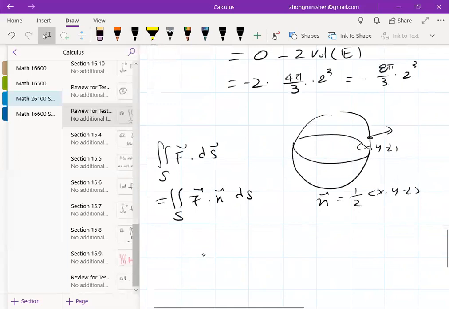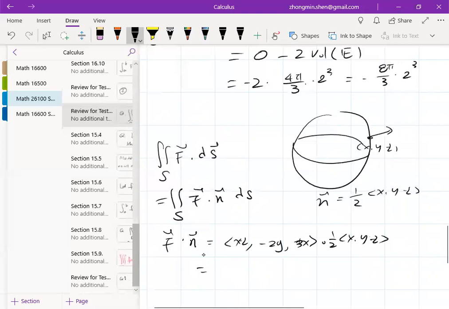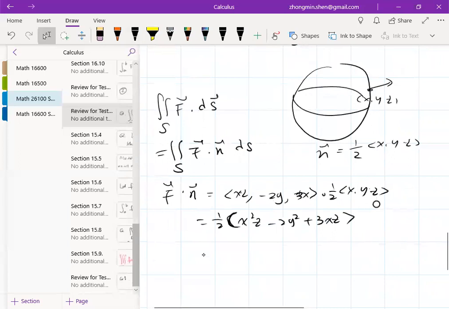Okay, F is xz, minus 2y, 3x, and the dot product with x, y, z gives 1/2 x squared z minus 2y squared plus 3xz. It looks like a bad function, but sometimes it's nice. Things cancel out. So this becomes a surface integral of that.